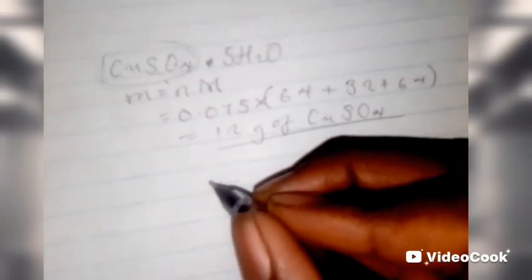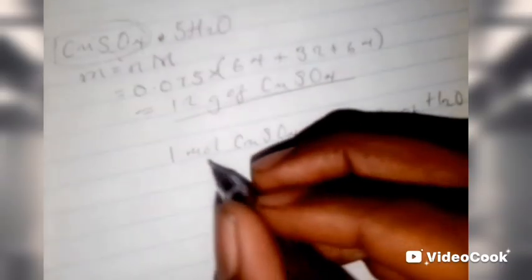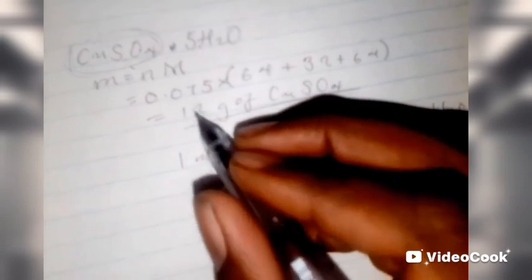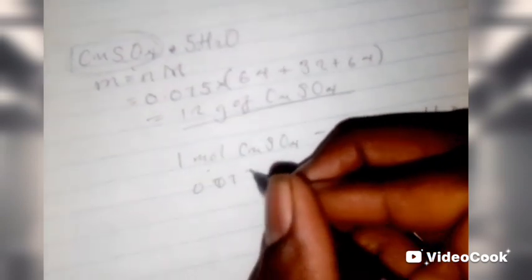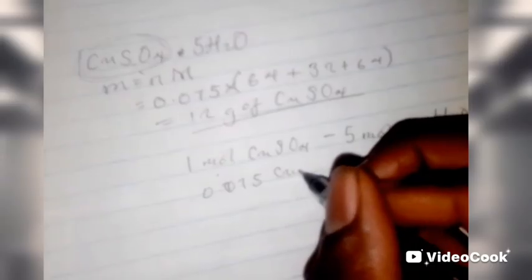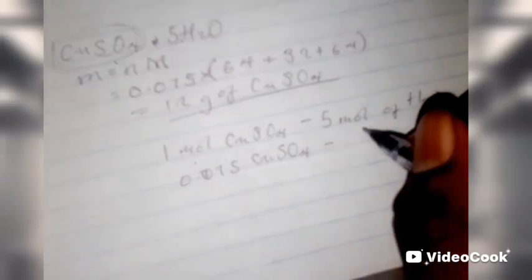We're going to say that if 1 mole of copper sulfate is always attached to 5 moles of water, then since we have 0.075 moles of copper sulfate, how many moles of water are attached to it?